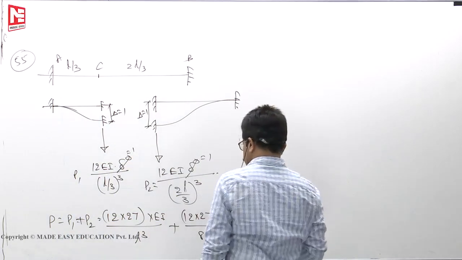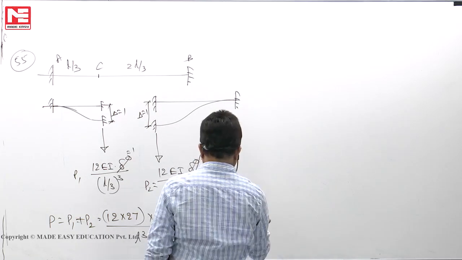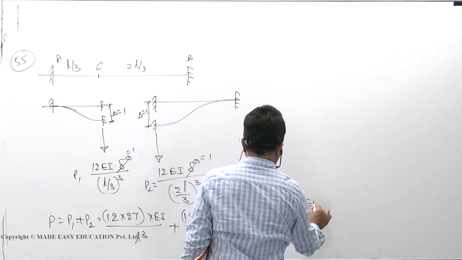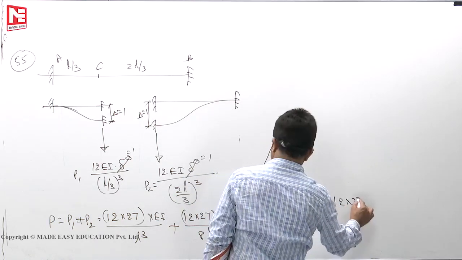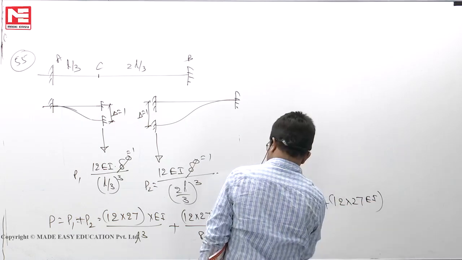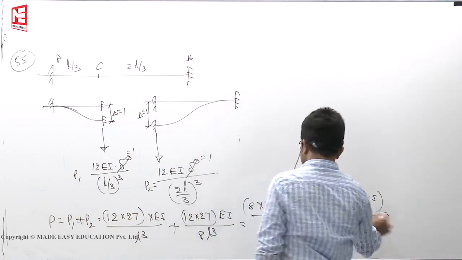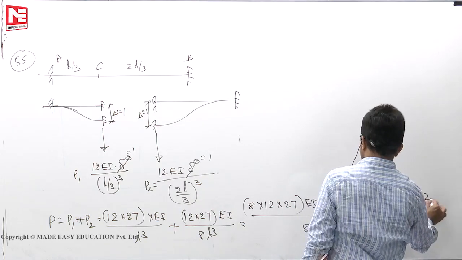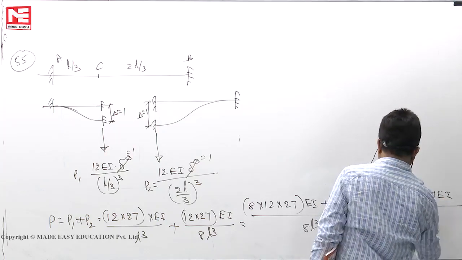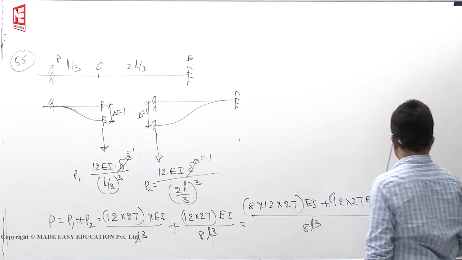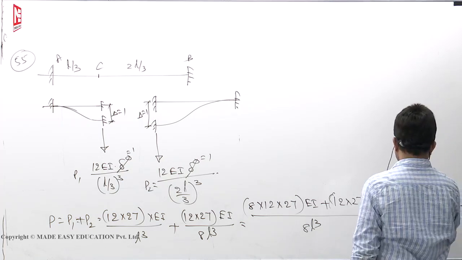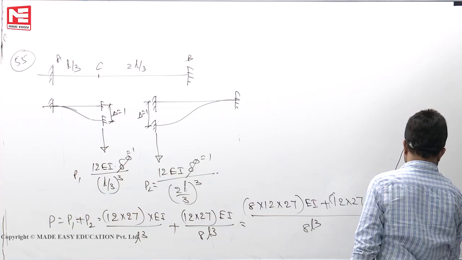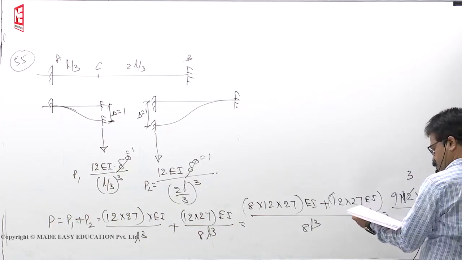So if I take 8 as common factor, 8 into 12 into 27 EI plus 12 into 27 EI by 8 L cube. This we can write as 8 plus 1, 9 into 12 into 27 EI by 8 L cube. So 12 means I can write it as 4 into 3.